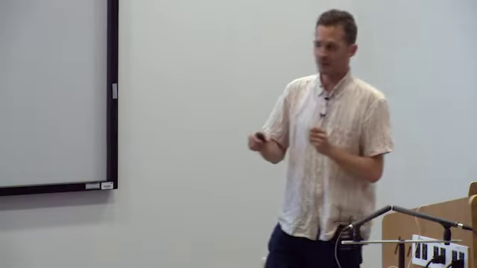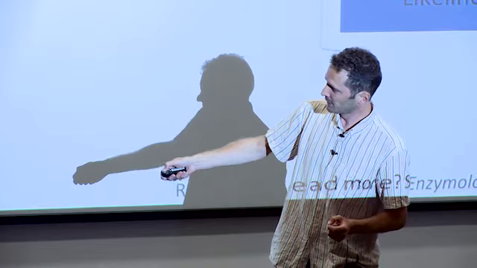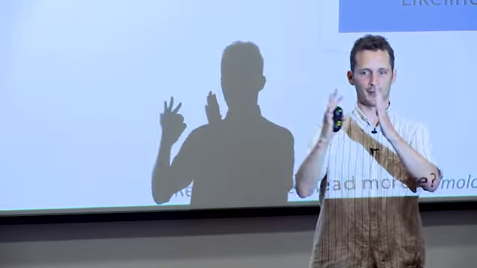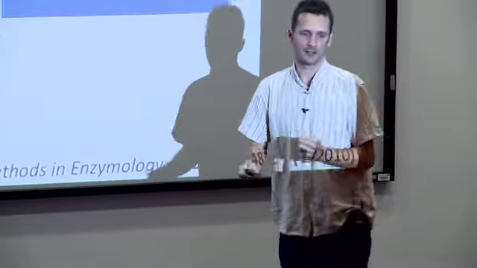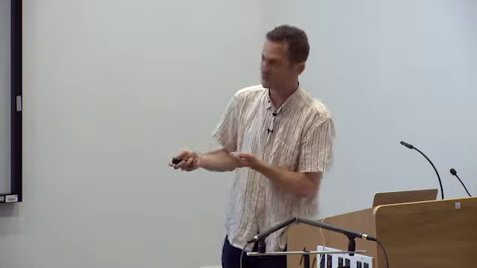And actually, in the limit of noiseless data, if the noise in the images is zero, then the sigma becomes zero, the Gaussian functions become ever narrower, and then whether you just take the maximum or you integrate over all the possibilities becomes exactly the same, because they're all delta functions. So that's where I always say that if you think your data is noiseless, you should use maximum cross-correlation approaches.